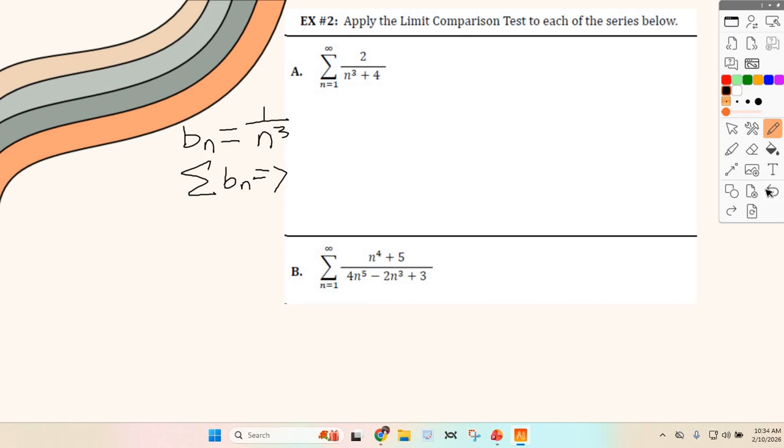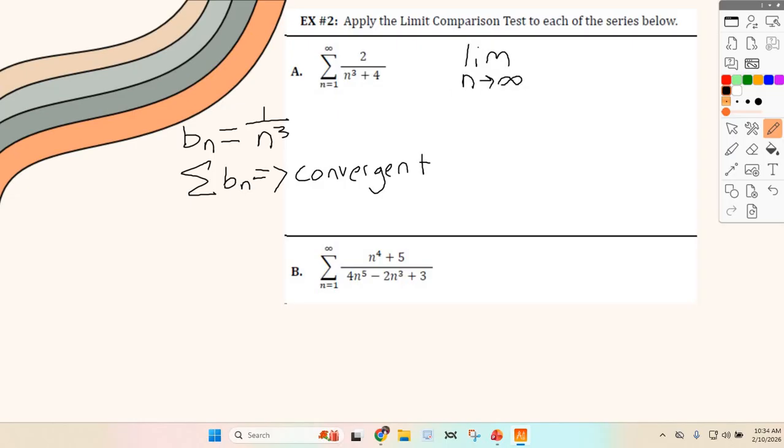Alright, but we did say that B sub n is going to be convergent. Are we all okay with that part at least? Yes, by our P series test. Okay, so then what did we say we wanted to look at? It's the limit comparison test, so we're going to look at a limit. And it is a series, so we're looking at the infinite series.